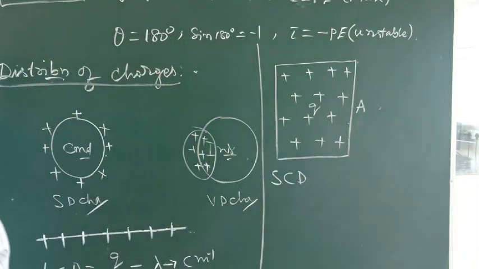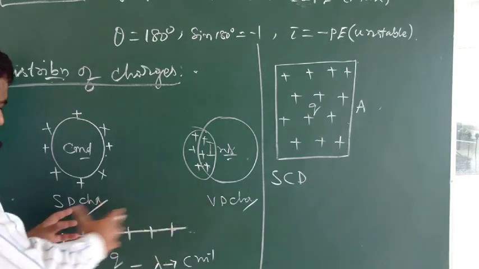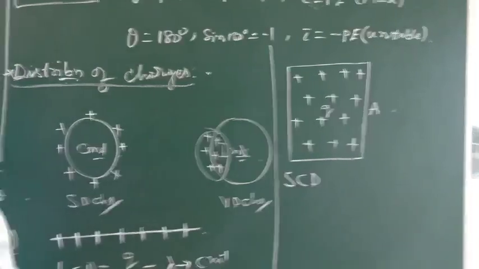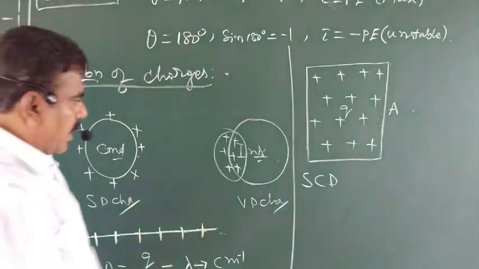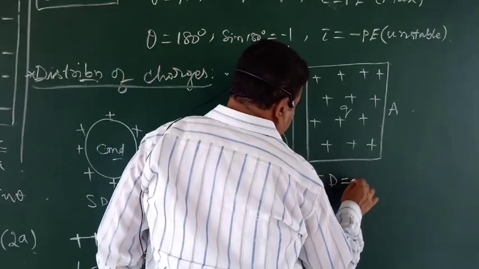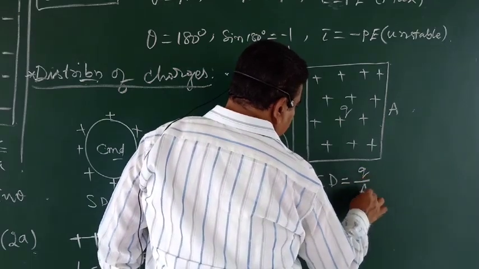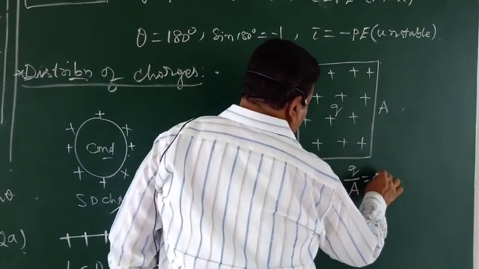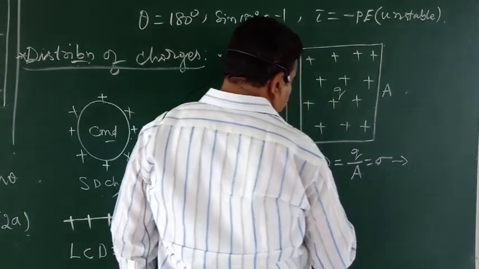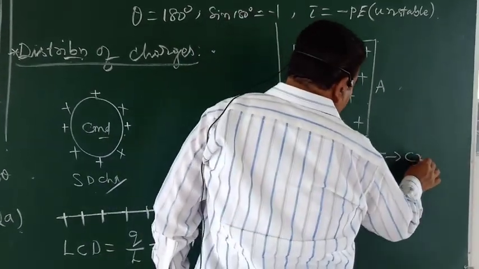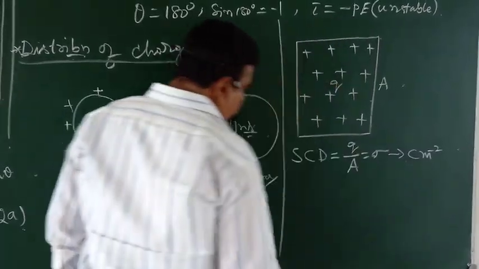Dense means compactness, how charges are arranged. That is, to measure all these things, we are introducing these quantities. Surface charge density, the charge per unit area, is denoted by sigma. The unit of surface charge density is coulomb per meter square.